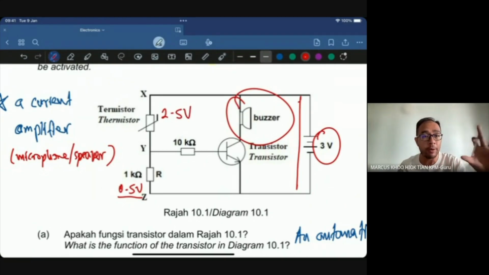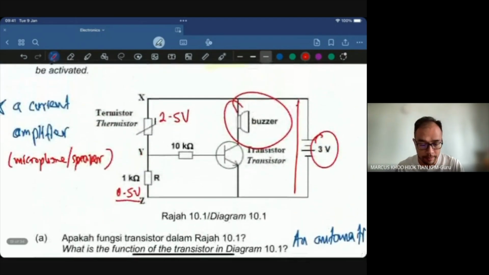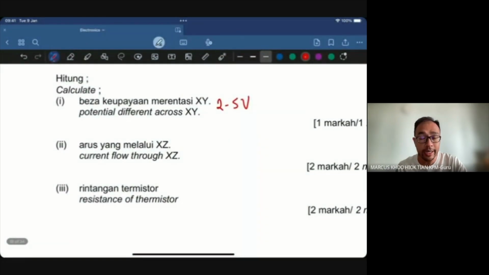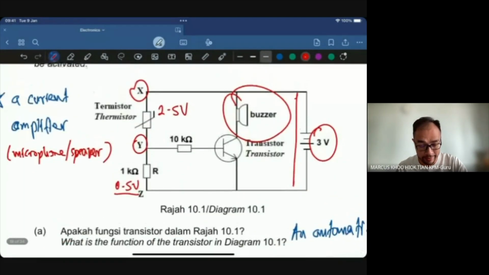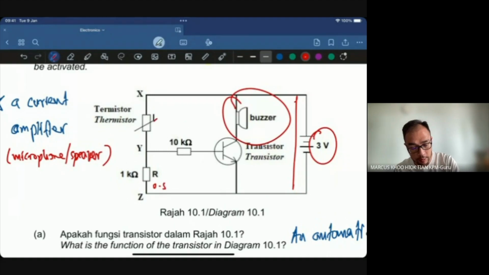Really nothing to think about. So the potential difference across XY will be 2.5 volts. All right, the current flow in XZ.